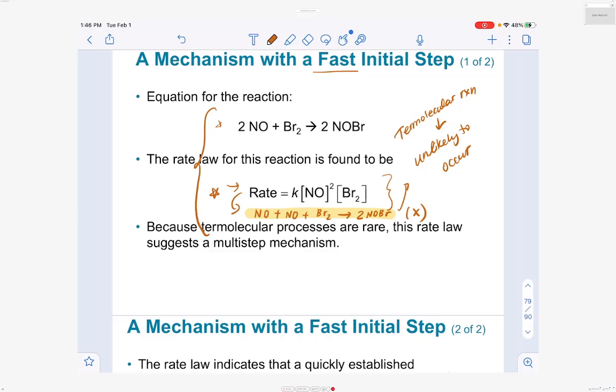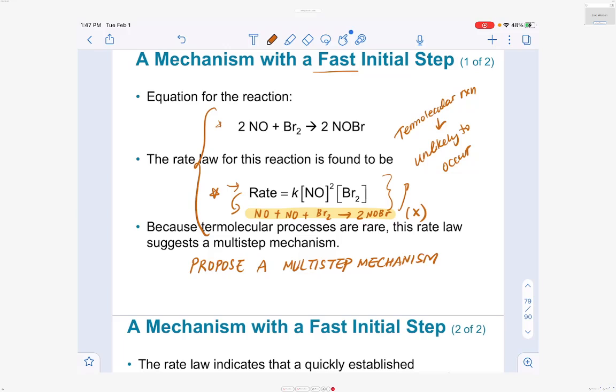But we want to propose a plausible mechanism. So we know that these are multi-step mechanisms, right? And these propositions, do we create them, or are they going to be given to us?